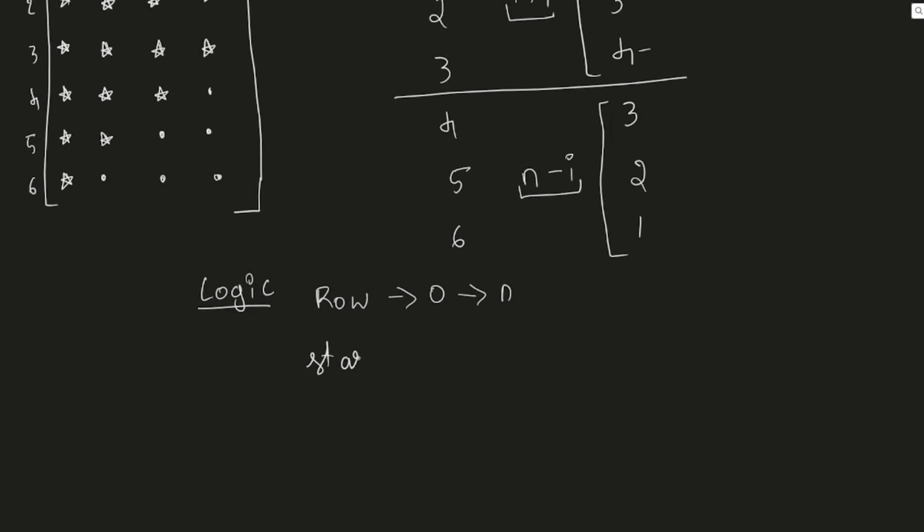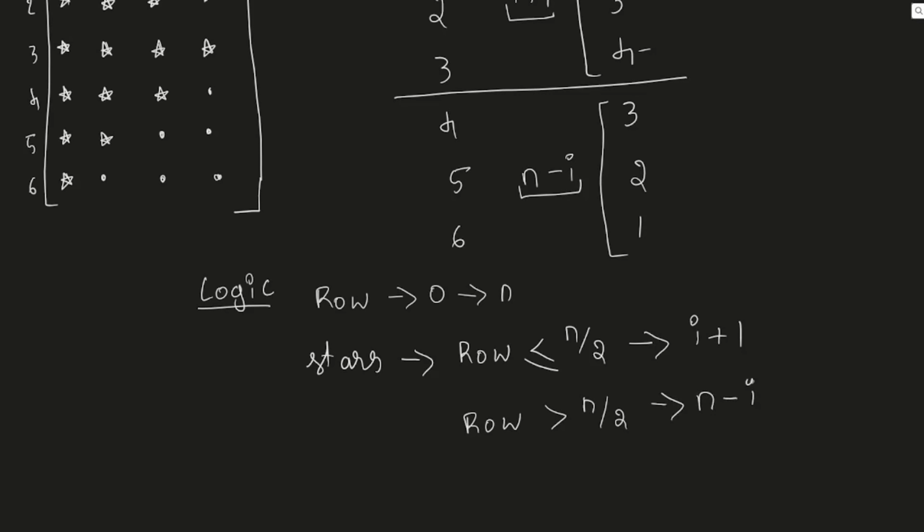For stars, we have two logic. For row lesser than or equal to n by 2, the logic would be I plus 1. For rows greater than n by 2, the logic would be n minus I. We got the logic for stars and row.